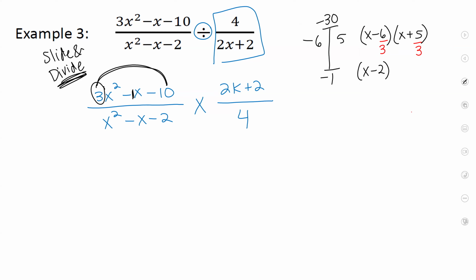Nope, so we'll bring the 3 to the front. So we'll write this as 3x plus 5. Okay, so that is the numerator factored. I'll write my factors over here. So we're gonna write this as x minus 2 and 3x plus 5.